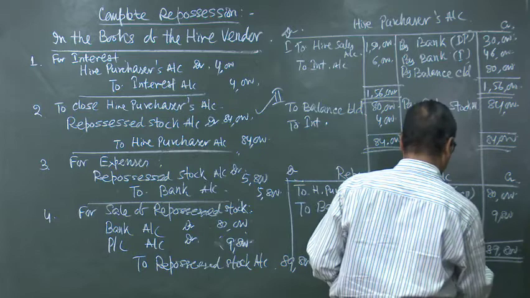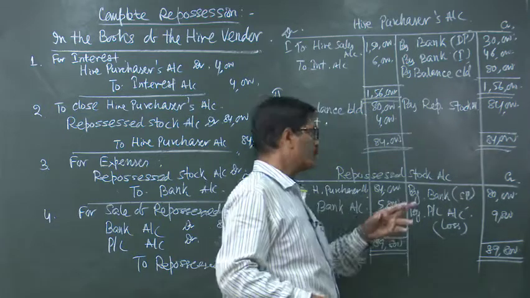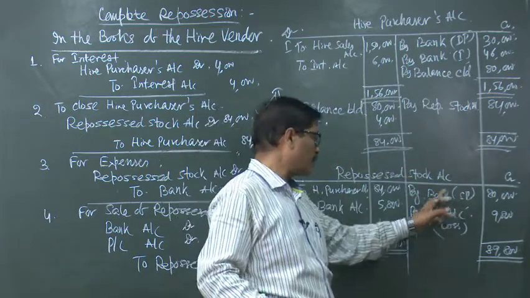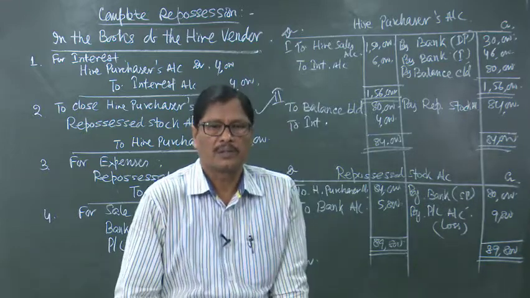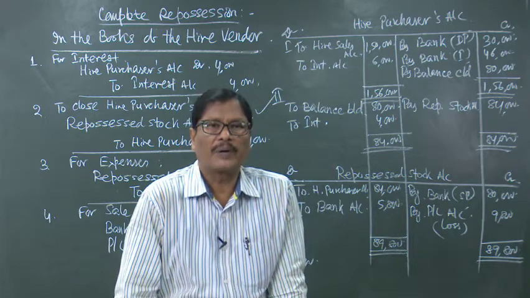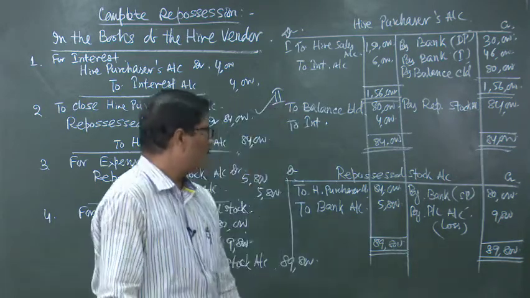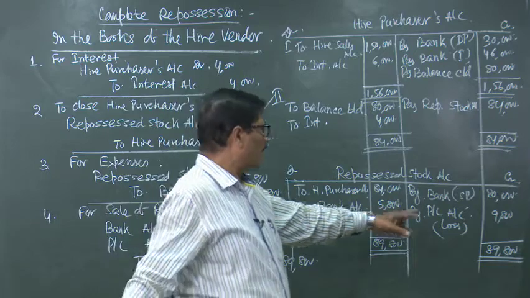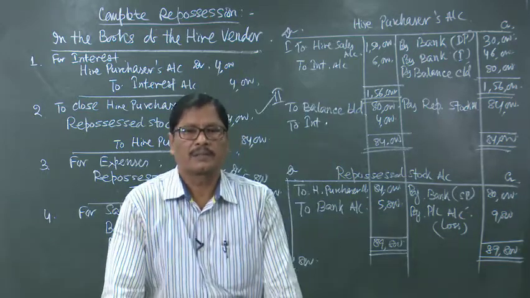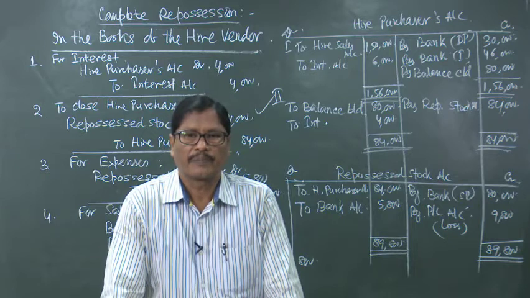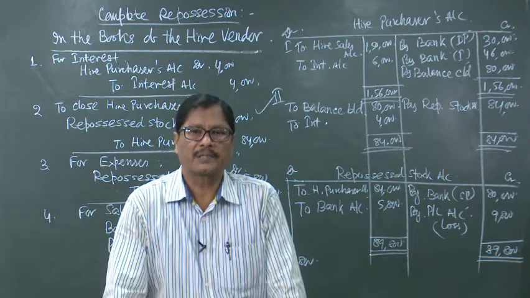So, this is a loss. When the repossessed stock account is credited, but profit and loss account is debited, that means it is a loss. So, on account of repossession and spending on that, we are running a loss of 9,800. So, this is in short your hire purchase account.